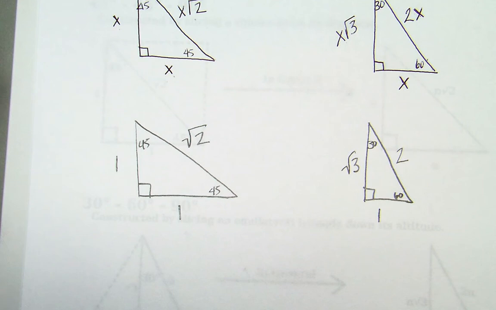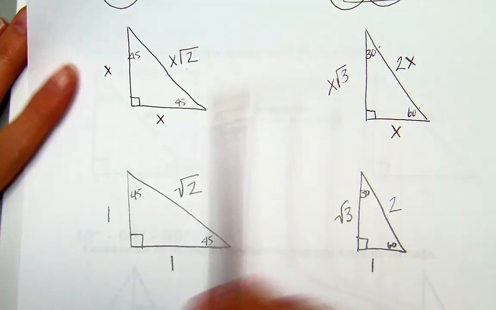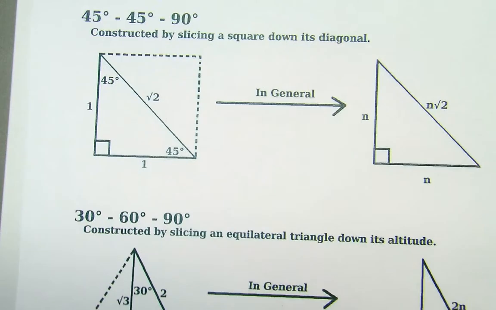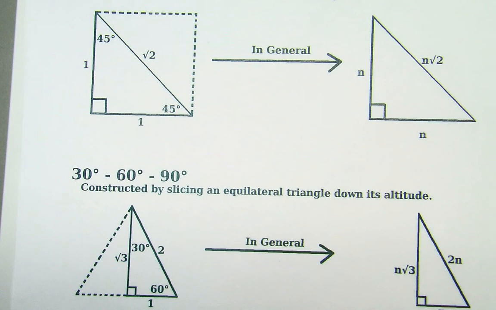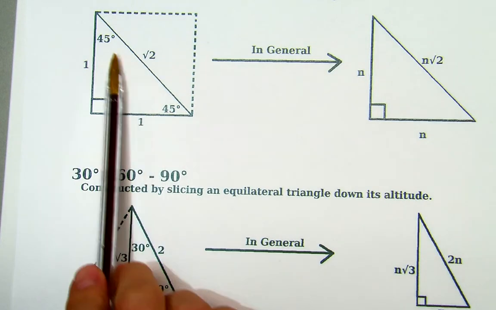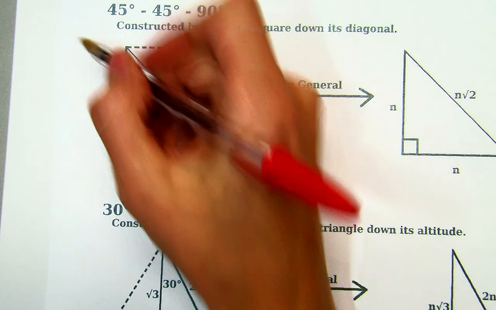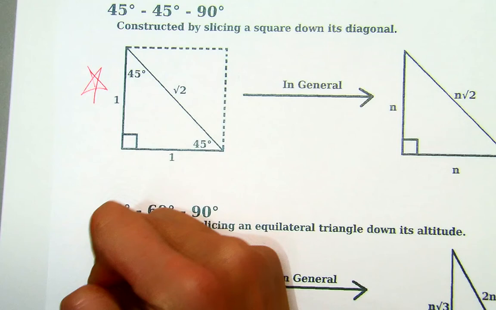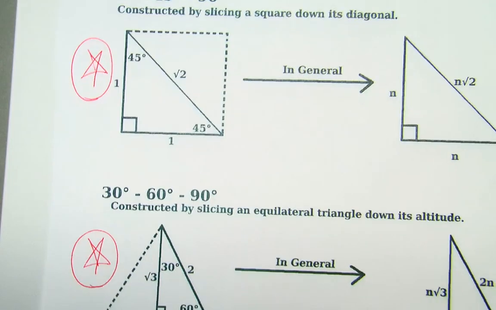Just before we move on, what I drew on the sheet of paper is no different than that in-class discussion sheet that I gave you. The only difference here is that they're using n instead of x. So what I have on my sheet of paper are these two outlines right here.